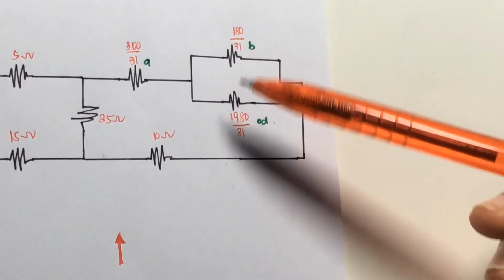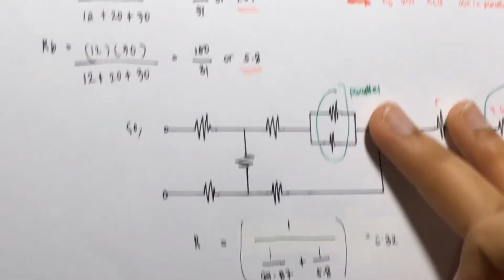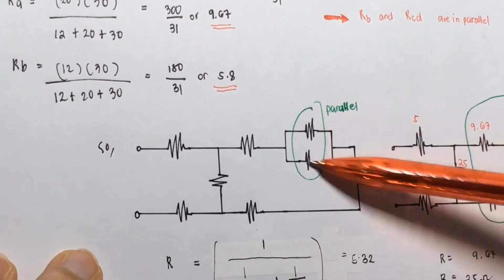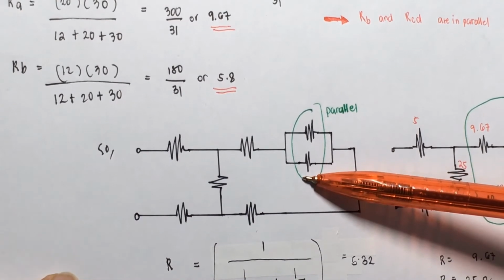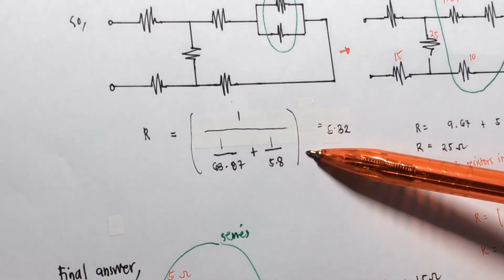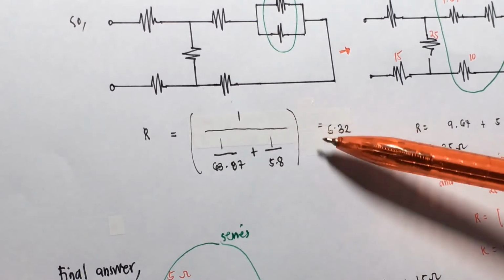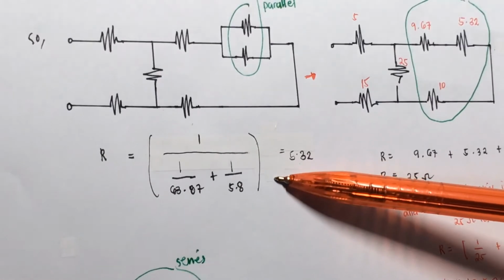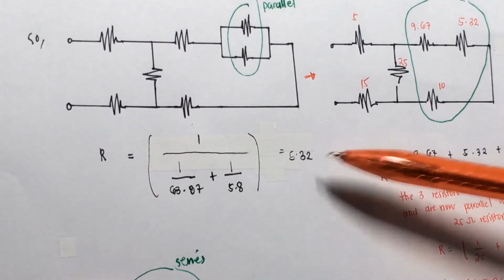First, we redraw it again. We can see that these two are parallel to each other, so we get the resistance by this formula, and we get 5.32.